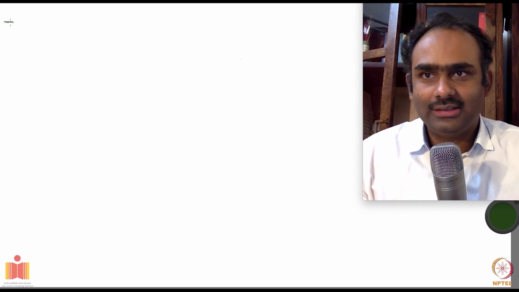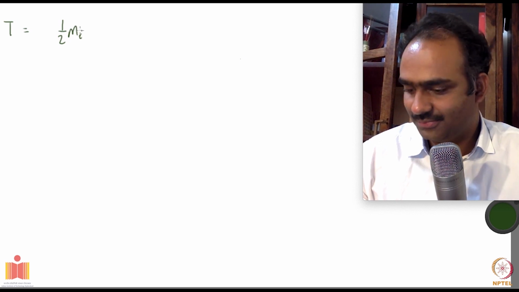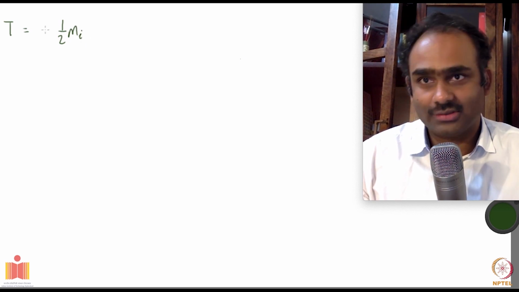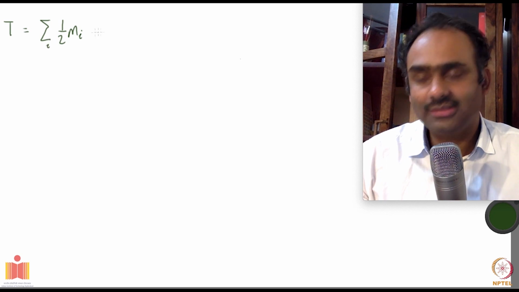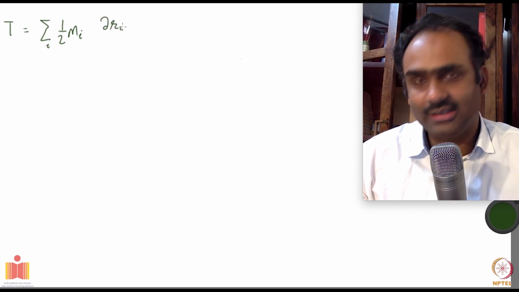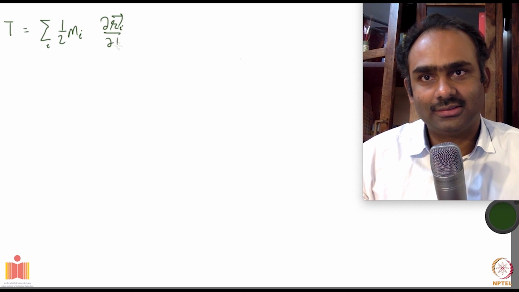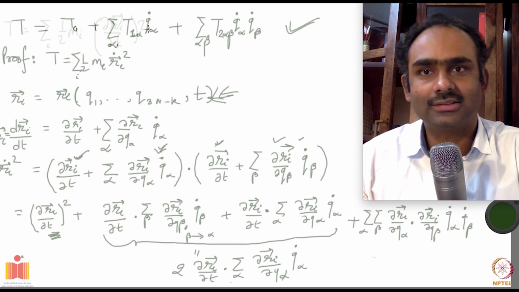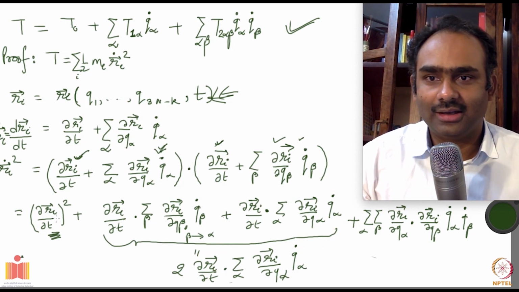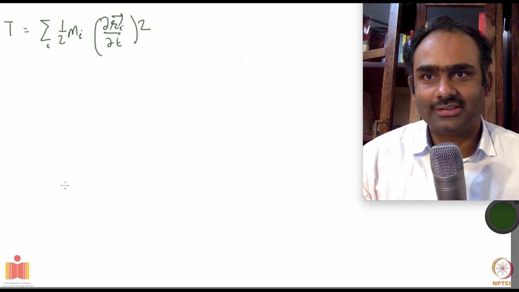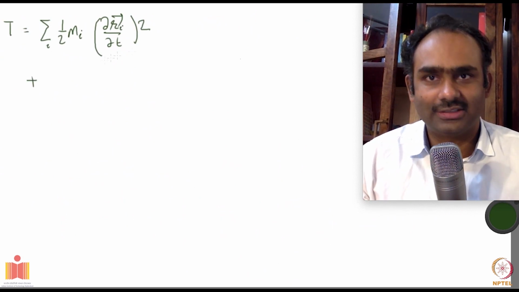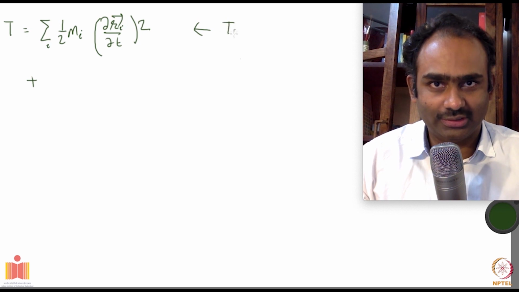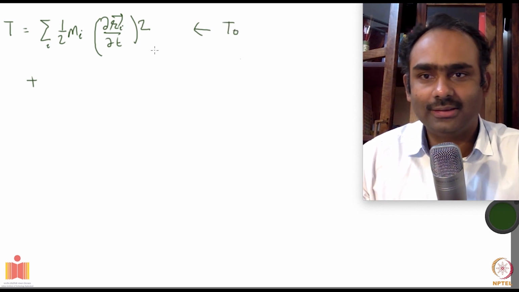So I will write T as, I'm just now bringing in the half mi which was remaining, and I have to sum over all the particles. So if you look at what we had earlier, I had Ri, del over del t of the square. So that's the first term, which is what your T0 is now.